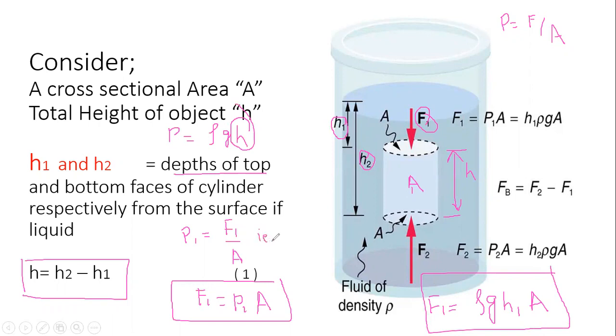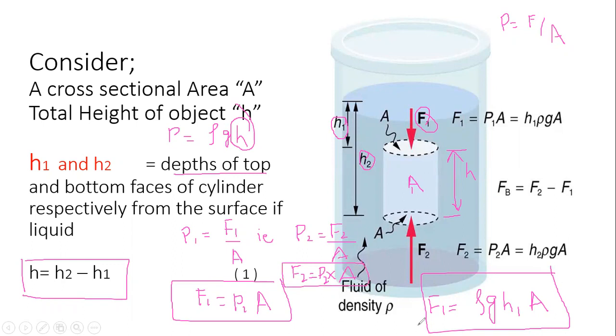Now for F2, same. P2 equals F2 by A, and then F2 must be equal to P2 into area. Now we have to find P2.